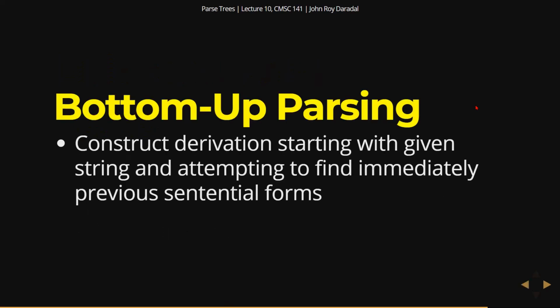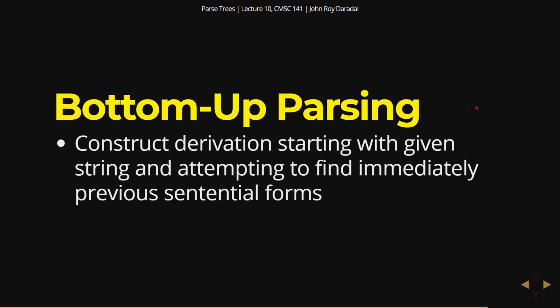Okay. Now, the other main type of parsing algorithm is called bottom-up parsing. So it's the opposite naman. So you start by constructing the derivation by starting with a given string and attempting to find immediately previous sentential forms. So sa top down, you started with the start symbol and tried to derive the string.